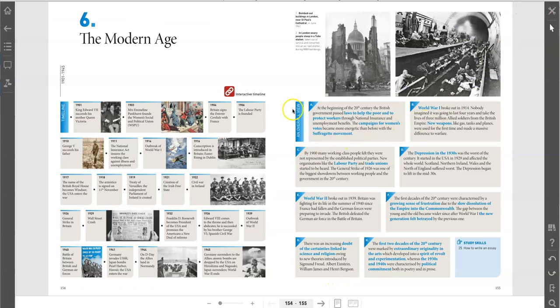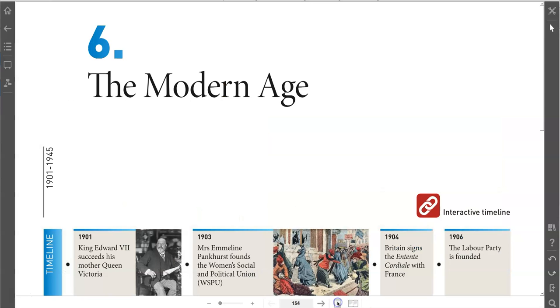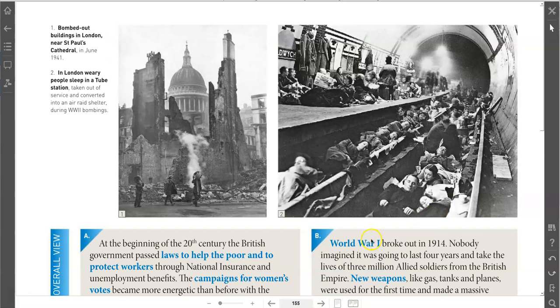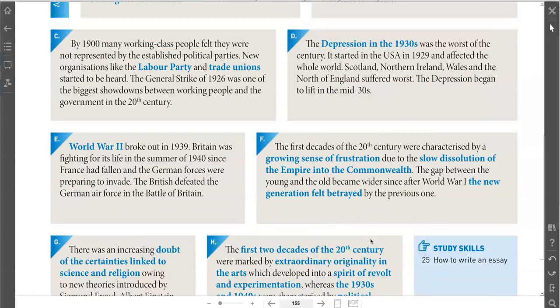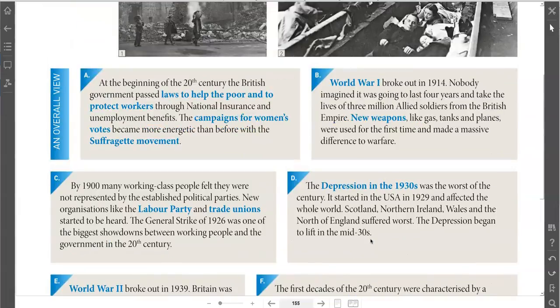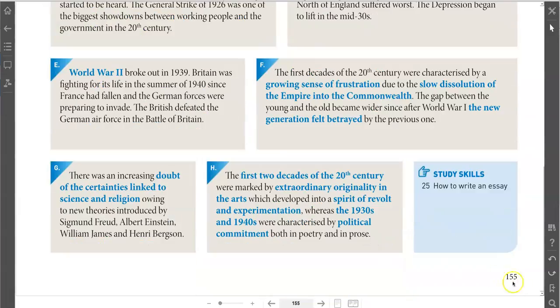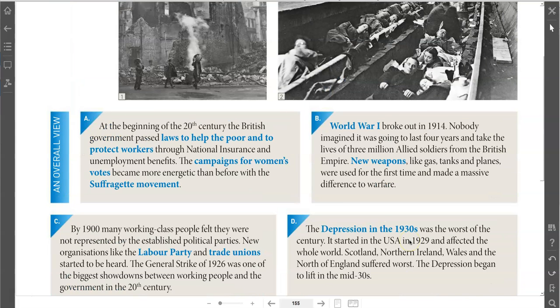Okay, let's go now to have an overall view of the historical and political and cultural tendencies of the first decades of the 20th century. I'm going to show you this overall view on page 155.